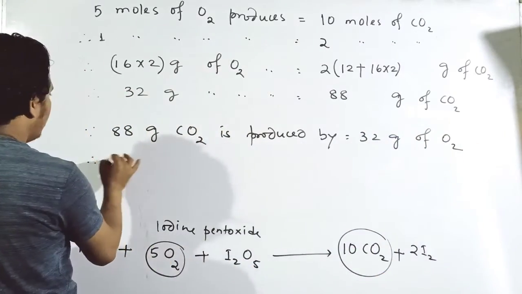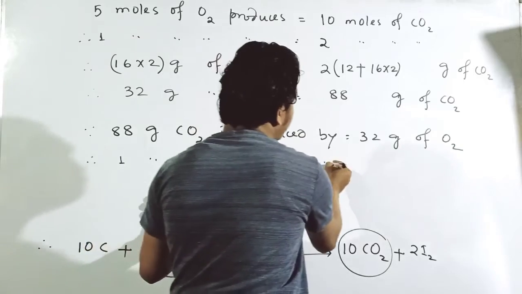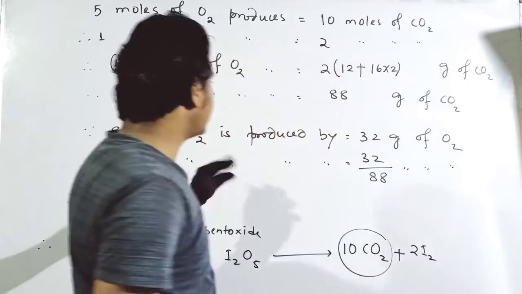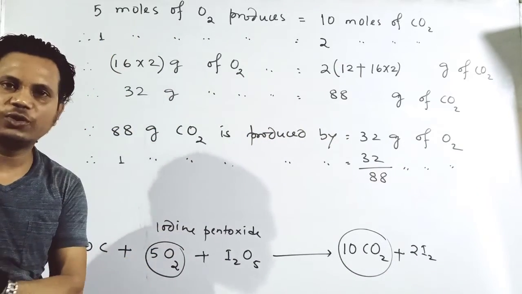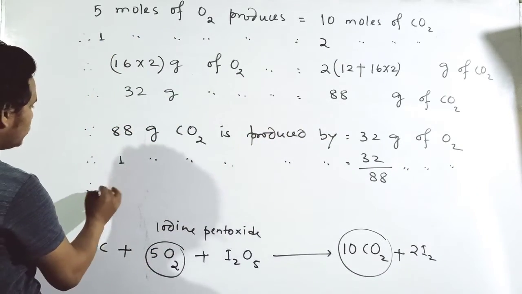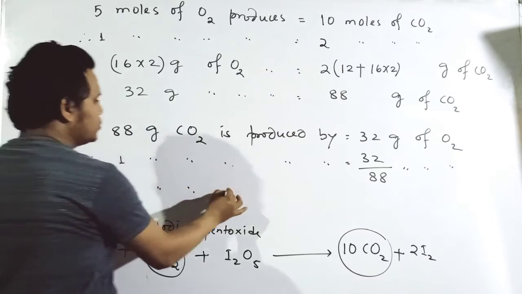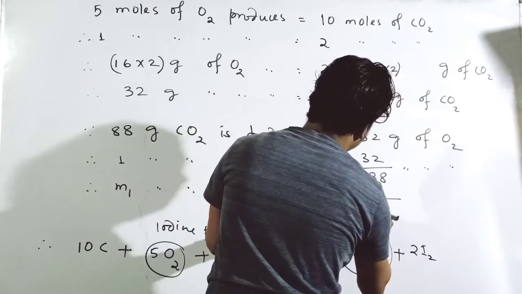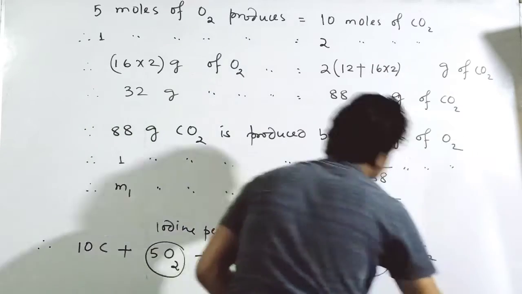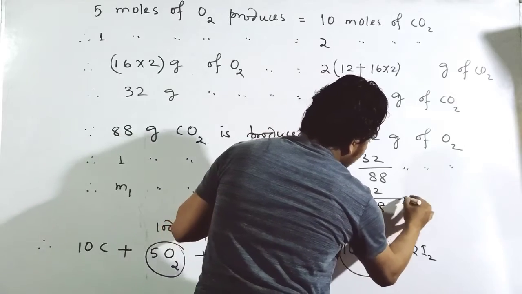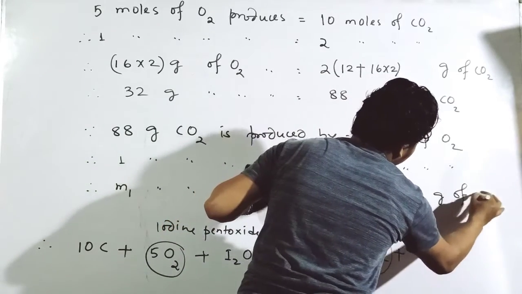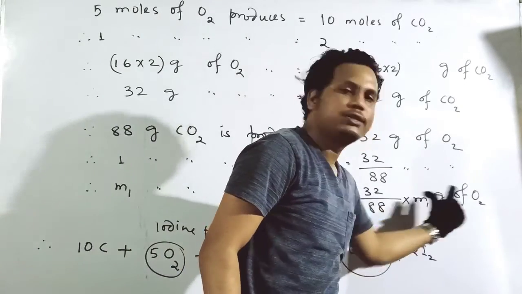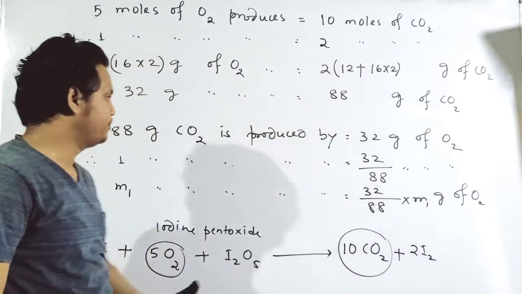Therefore 1 gram of CO2 is produced by 32 by 88. How many gram of CO2 is produced, we don't know. So let the mass of CO2 produced be M1. So M1 gram of CO2 will be produced by 32 by 88 into M1 gram of O2. So this is the mass of oxygen we get.